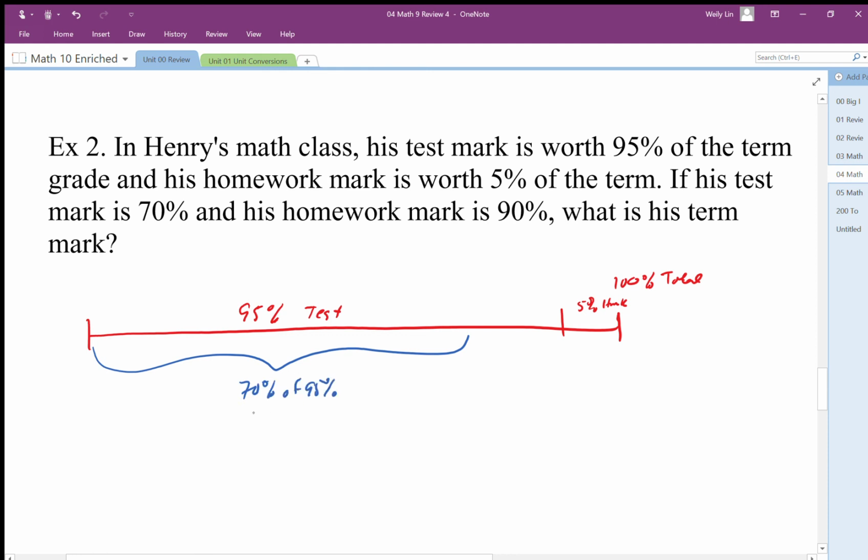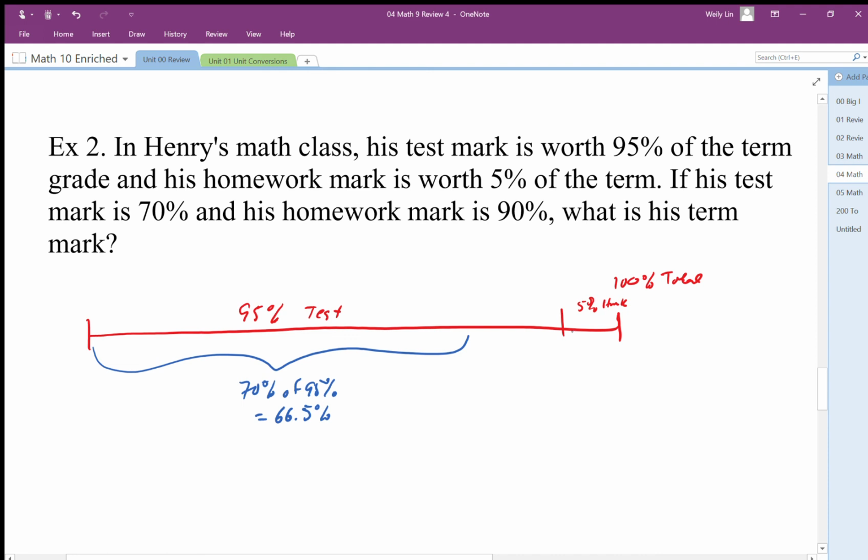In terms of the whole, this is 70% of 95%. Well, we know that's going to be a multiplication statement. So that's going to be 66.5% of the whole.